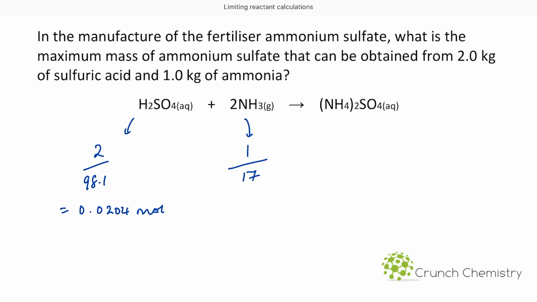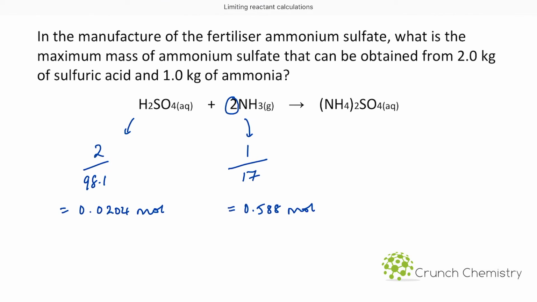Remember the big 2, this number here, that's used to balance this equation, is not part of my molar mass. So the molar mass of ammonia, 1 nitrogen, 3 hydrogen, comes to 17, and that is 0.588 moles.